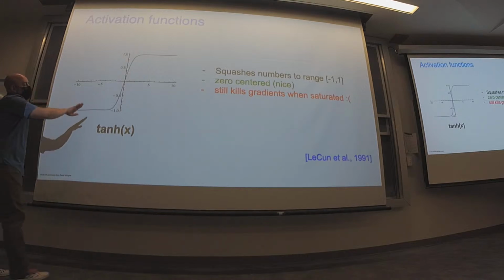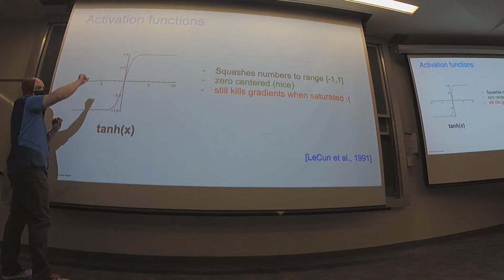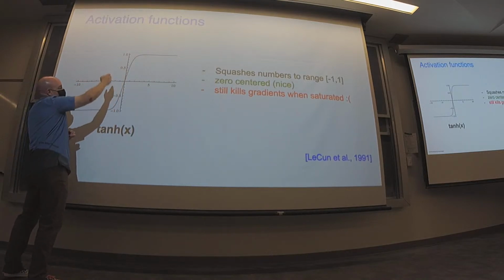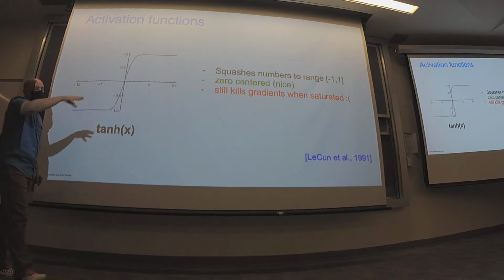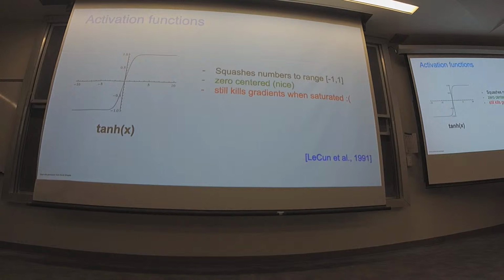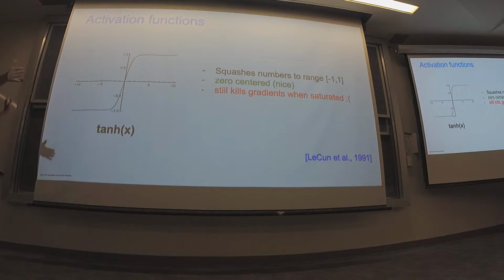It just means that here in this range, things are looking pretty linear, so there's a nice response there. But as you get outside of this linear range, all the values are the same. The way this function works, again, is that you have exponentials in here. So it approaches 1, and it approaches 1 for a huge part of its range, right?